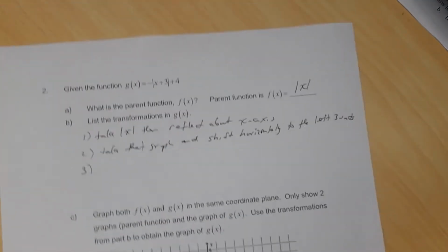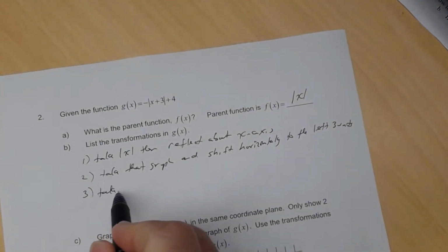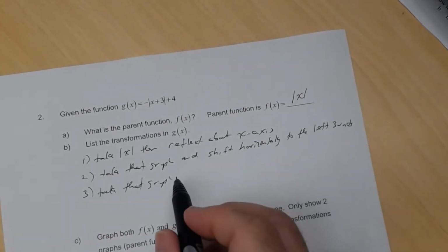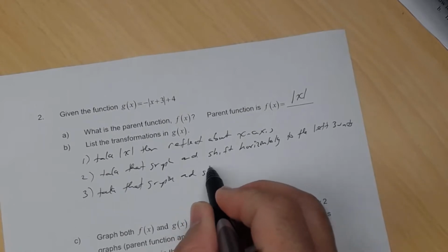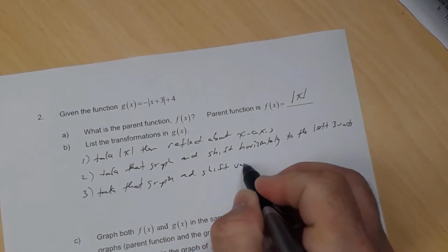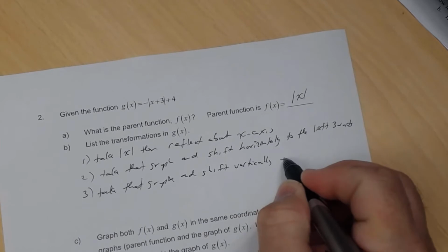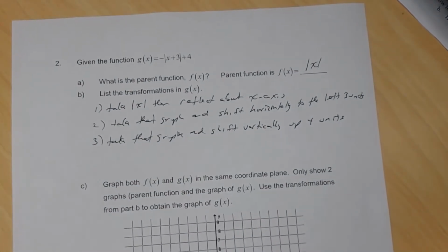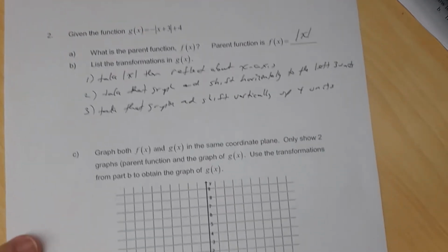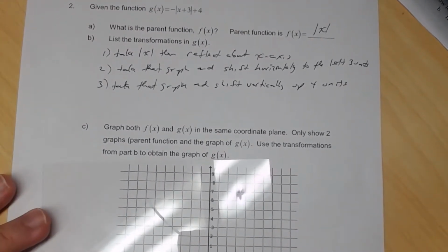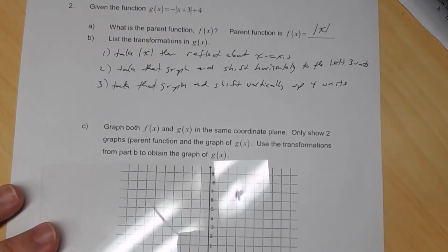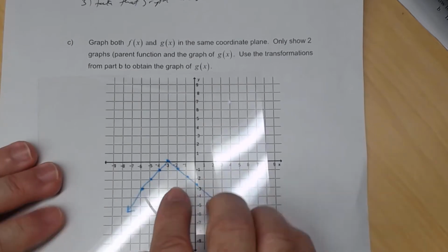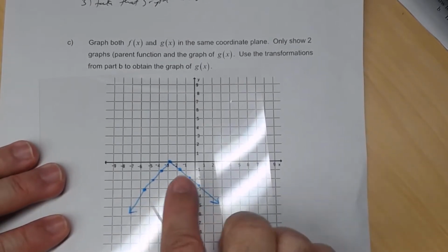Okay? So then take that graph. When I say that graph, I mean the graph from part 2 now. Take that graph and shift vertically up 4 units. Since it's positive, you go up 4 units. So basically, when you went to the left 3 units in part 2, part 3 says you're going to add 4 now.